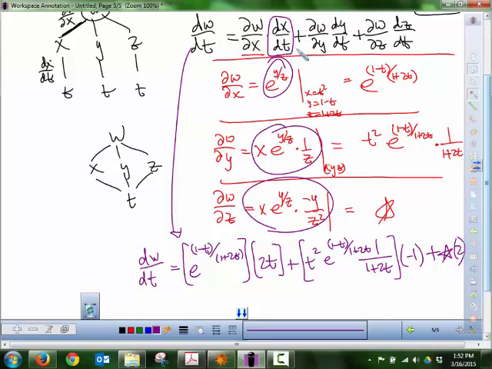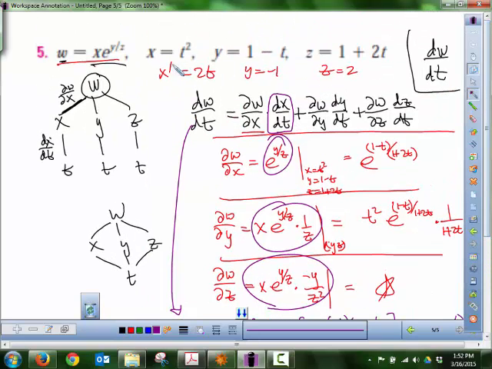I guess, yeah, the dt is saying there's another entity that's involved here, and you're putting this as a function of t now. Okay. All right. So that's the special case where you're composing it with a bunch of functions of t.